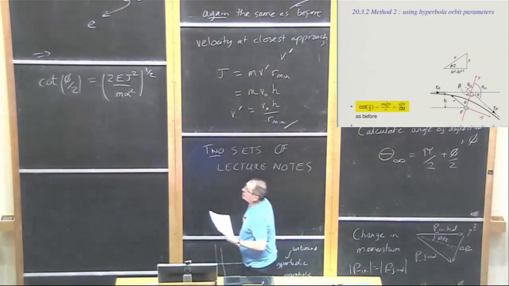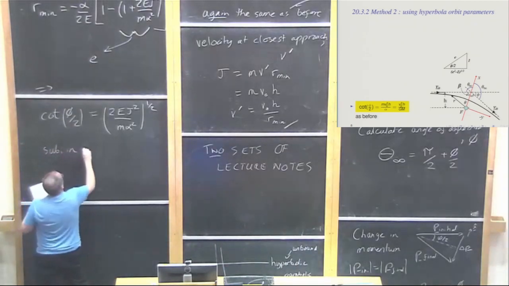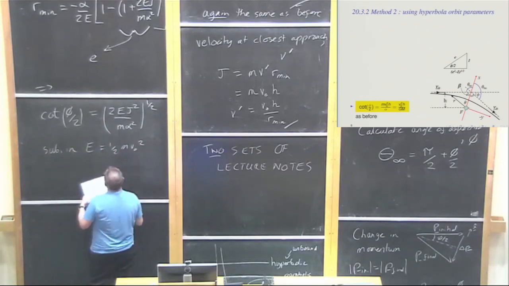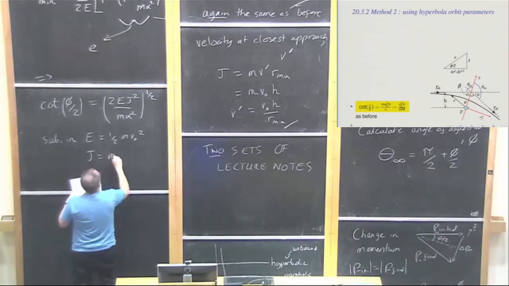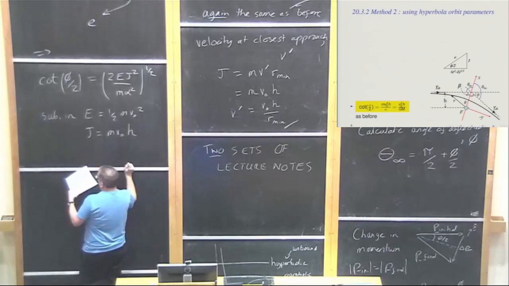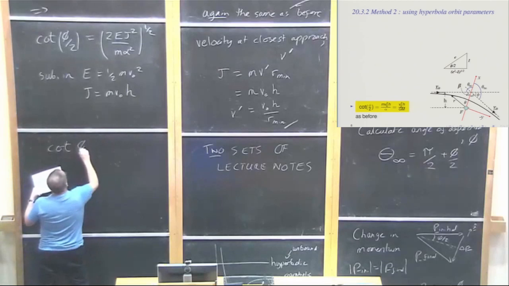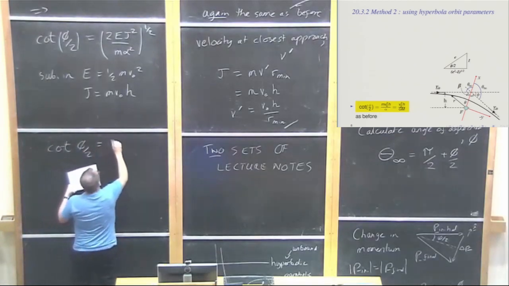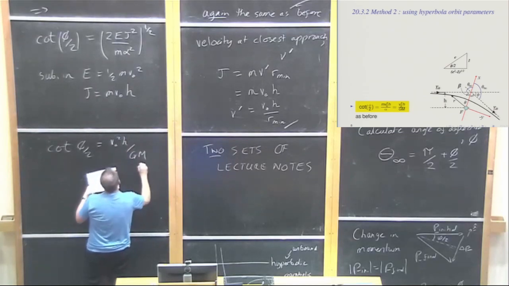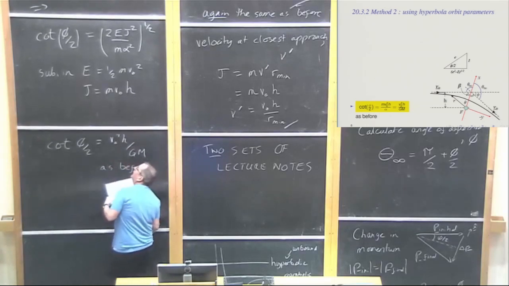I now can substitute in that E equals a half m v naught squared and J equals m v naught h, and I'm left with cot phi over 2 equals v naught squared h over big G big M, which is just the same expression as we had before. Excellent.